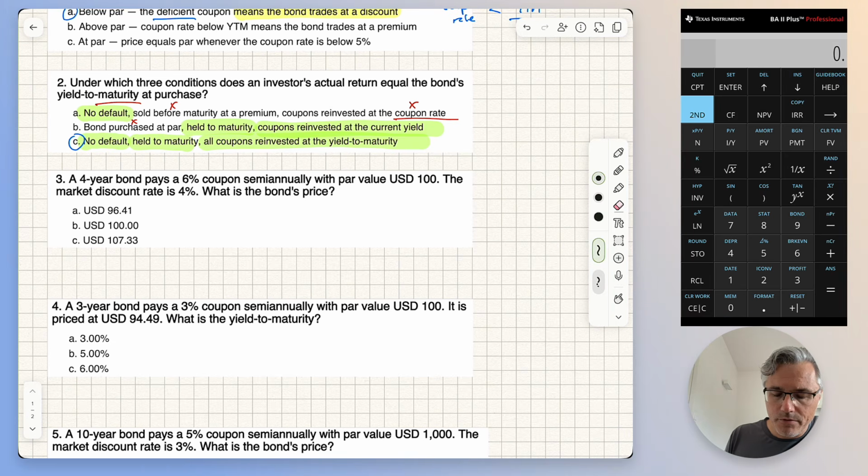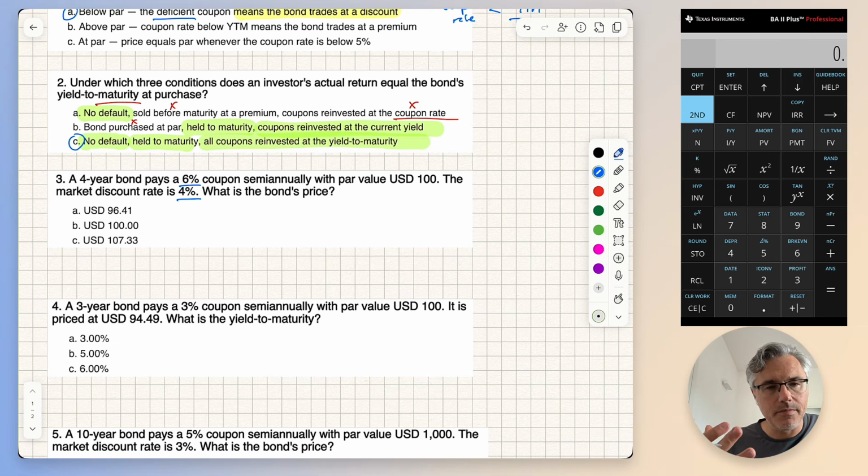You just have to really pay attention to the relationship between the bond's coupon rate, being 6%, and the market discount rate, which is the same as saying the required yield in the market for bonds of this type, or the yield to maturity.